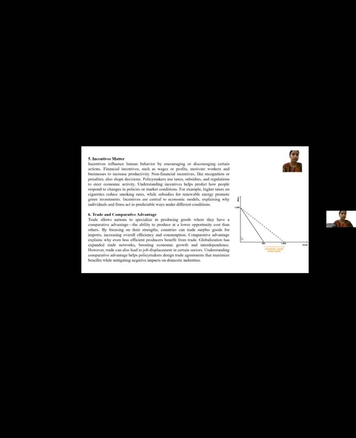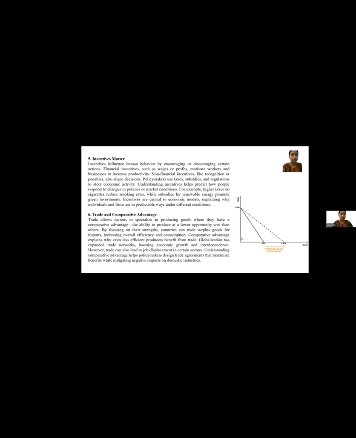Next, incentives. Incentives influence human behavior by encouraging or discouraging certain actions. Financial incentives such as wages or profits motivate workers and businesses to increase productivity. Non-financial incentives like recognition or penalties also shape behavior.